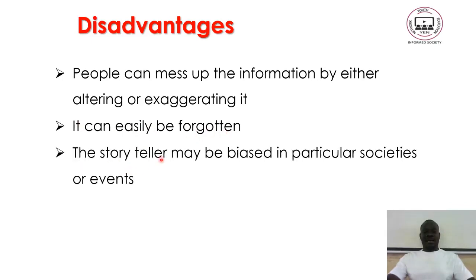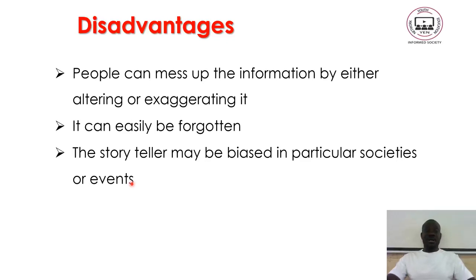The storyteller may be biased in a particular society or events. So the storyteller has a stand. The one who is telling you the events has his or her own conclusions or stand.